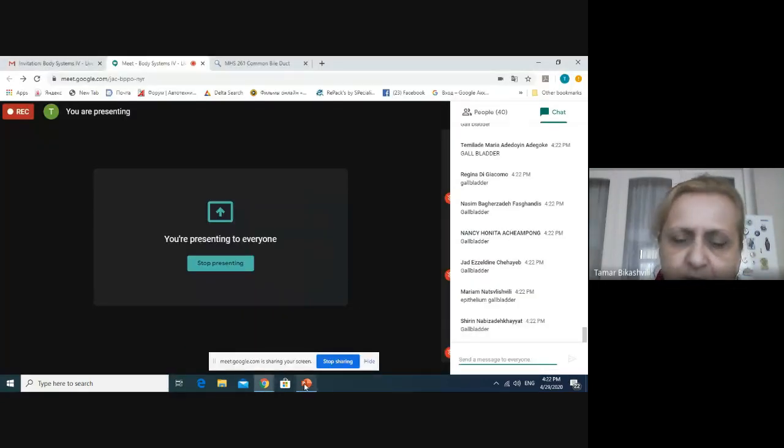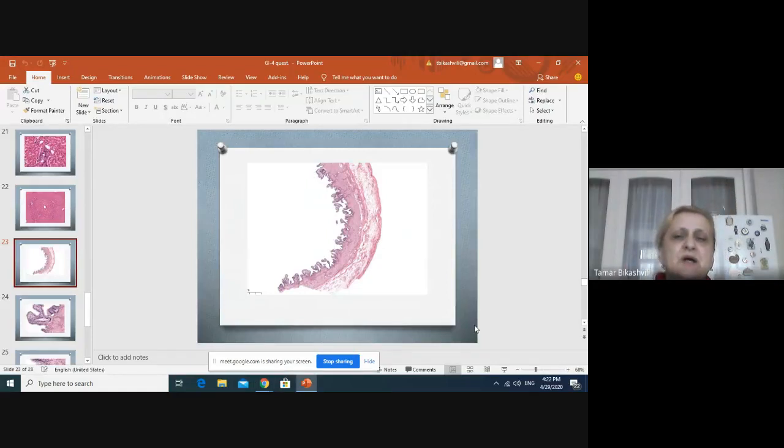Gallbladder. Yes, it's gallbladder. Okay. You thought, like the answers I received, that it was jejunum. Look carefully. This is the external part. If you remember, in small intestine there are folds. Here also you can see the folds, but then the muscularis, yes, this is the muscularis, and this part is very thick.